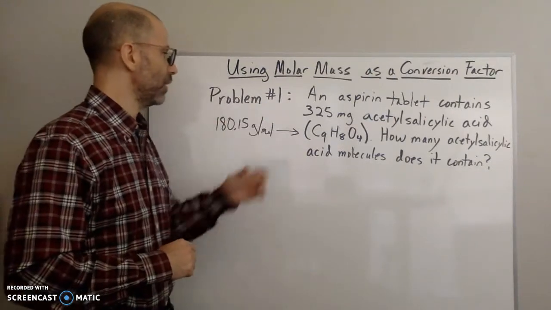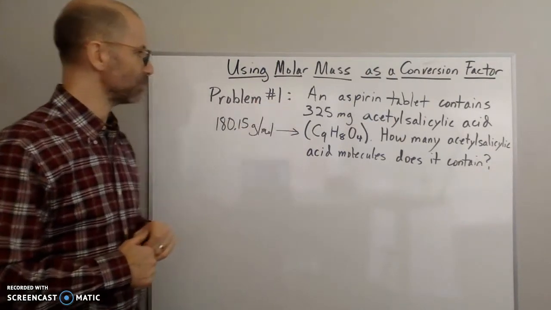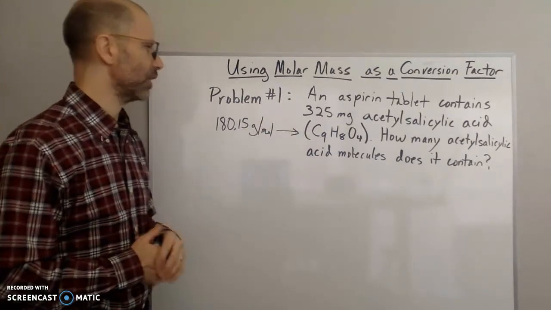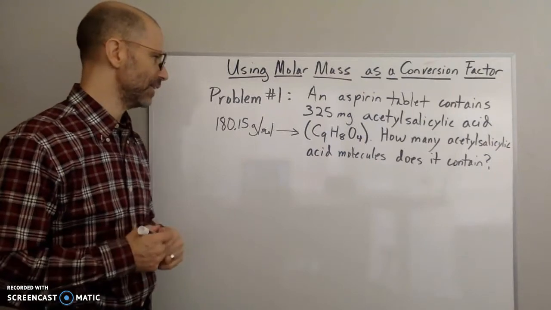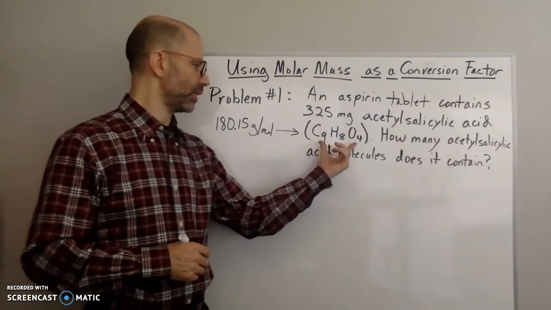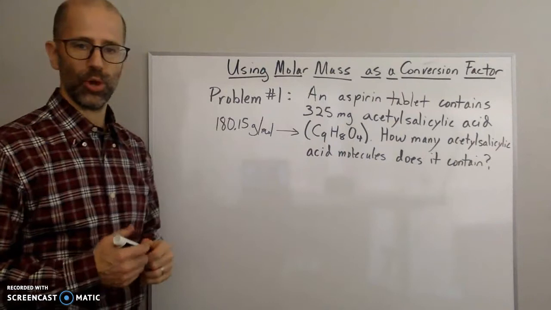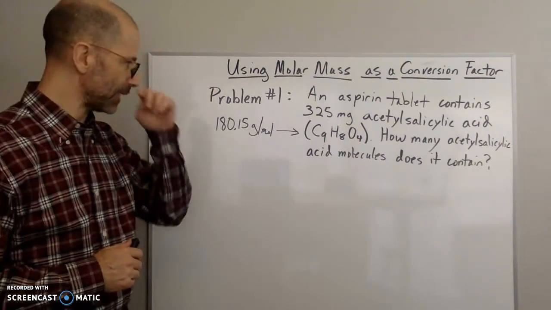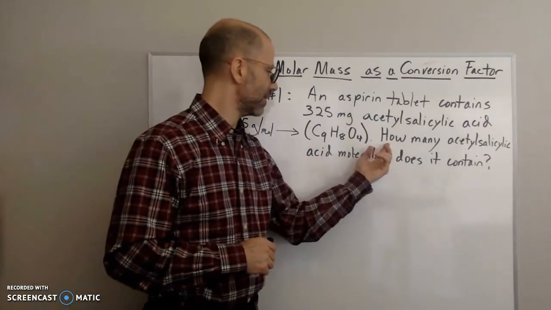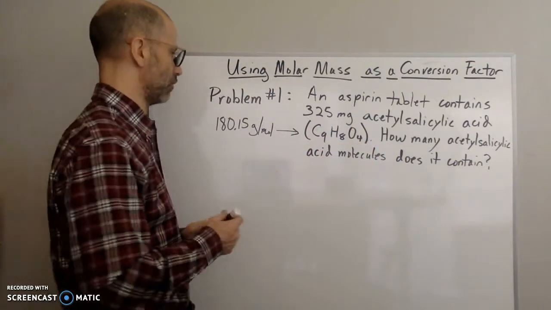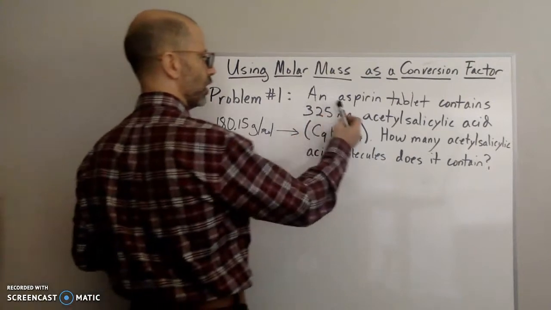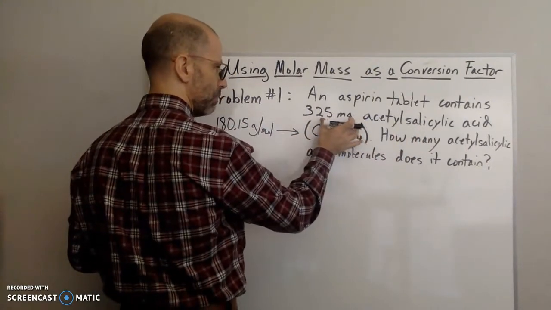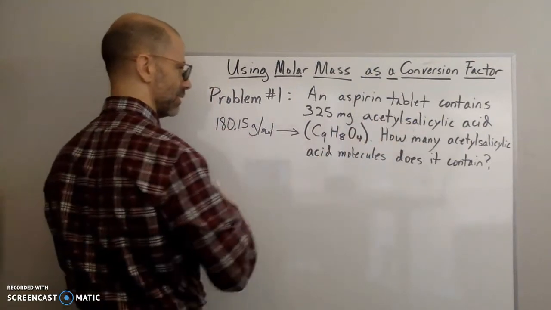Problem number one. It says an aspirin tablet contains 325 milligrams of acetylsalicylic acid, and they give you the formula, so you don't need to know that or memorize it. So they give you the formula for acetylsalicylic acid, and then they have the question. So we need to write down the information. So they say that one tablet contains this mass of this acid.